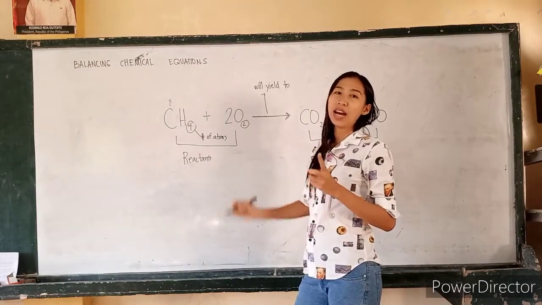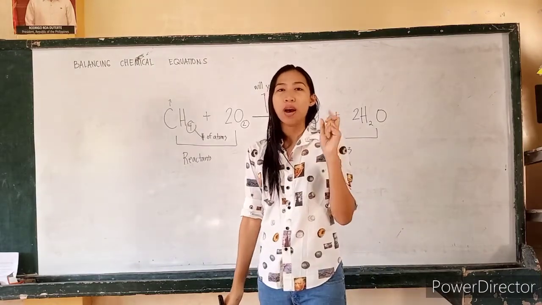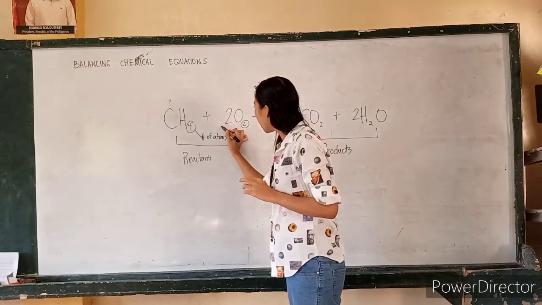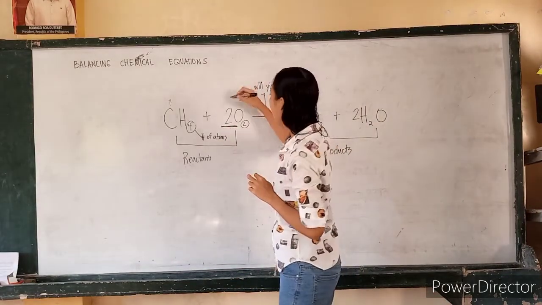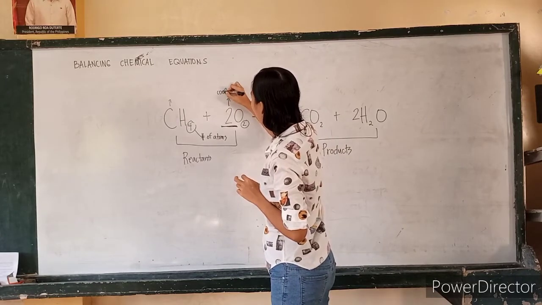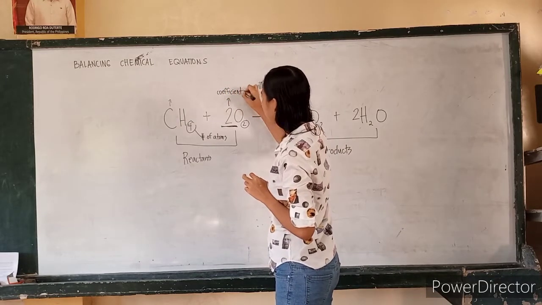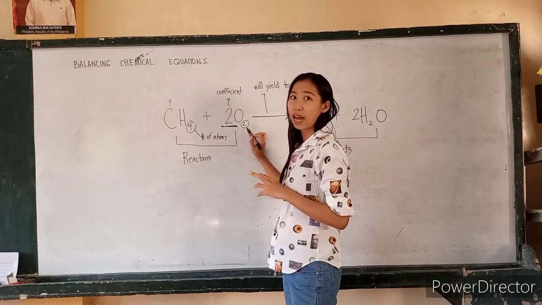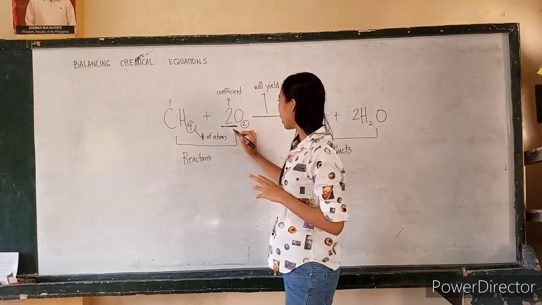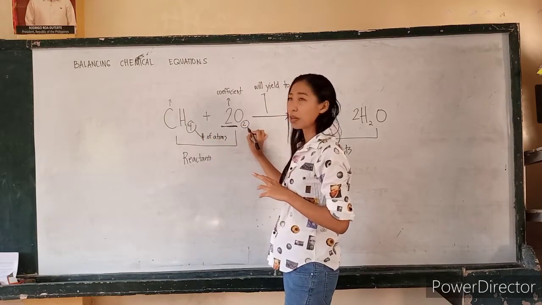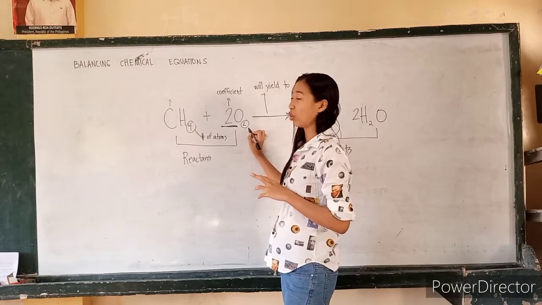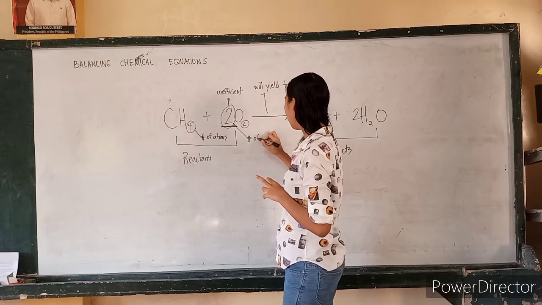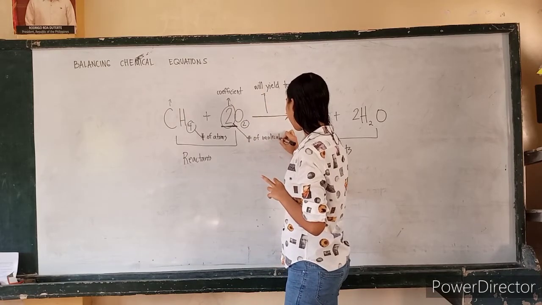In one oxygen molecule, because oxygen is a diatomic molecule, it is called that. Now, this big number in front is called the coefficient. The coefficient is different. The subscript indicates the number of atoms, while the coefficient, this big number, indicates the number of molecules.